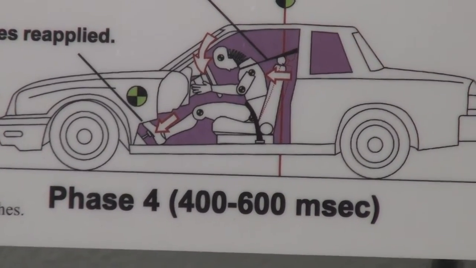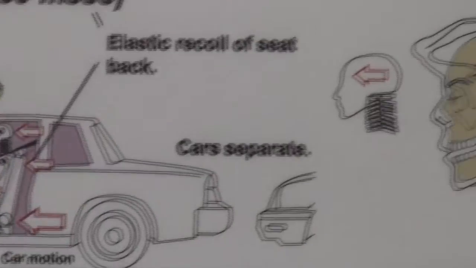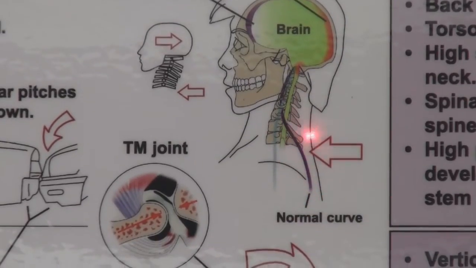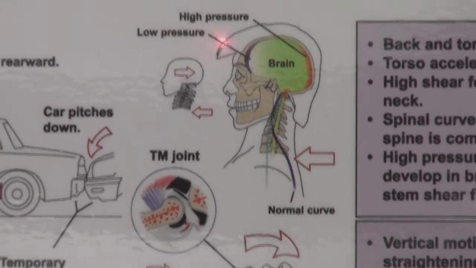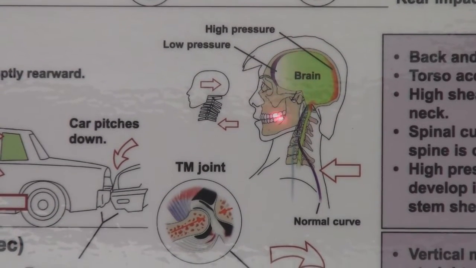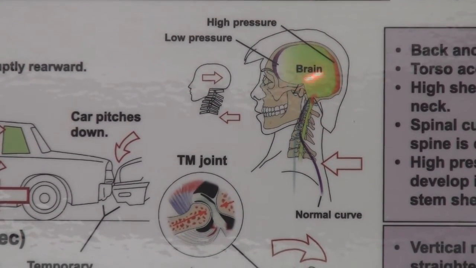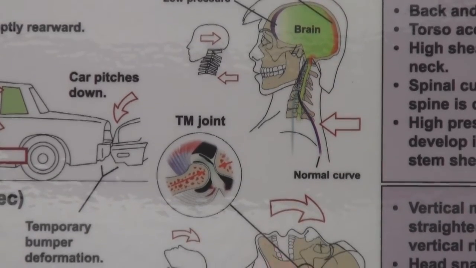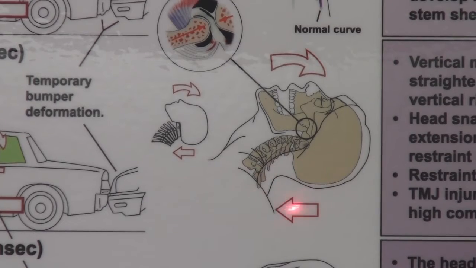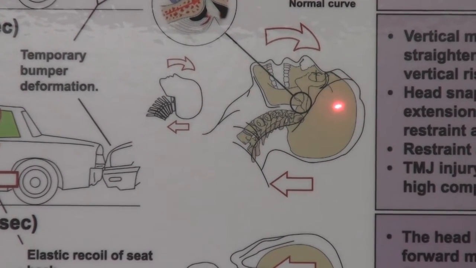So if we look at what happens to the individual during a whiplash injury, we can see that the blue line shows the actual normal curve and the positioning of the brain in the skull. As the acceleration happens, the car is thrown forward, the head is thrown back.